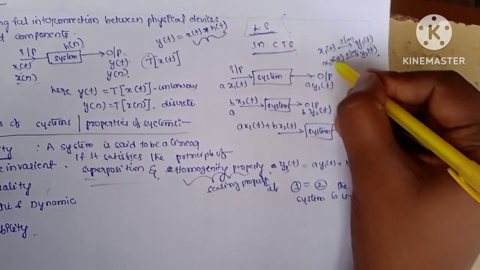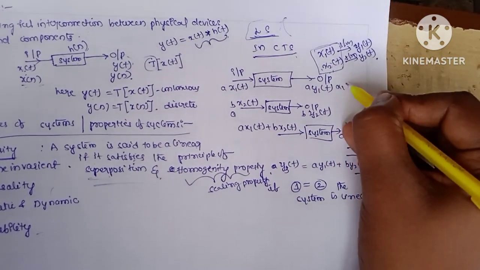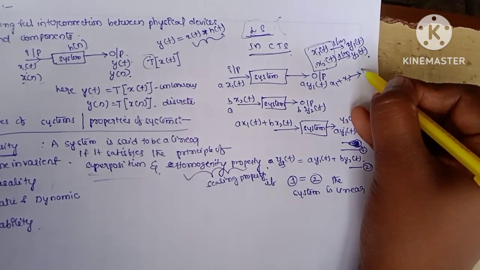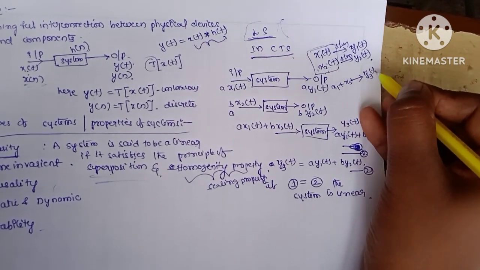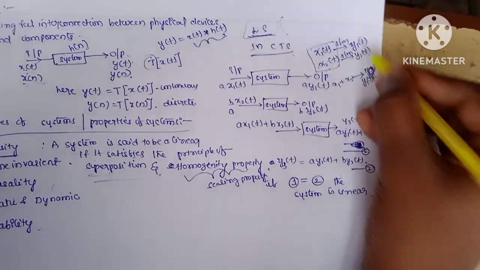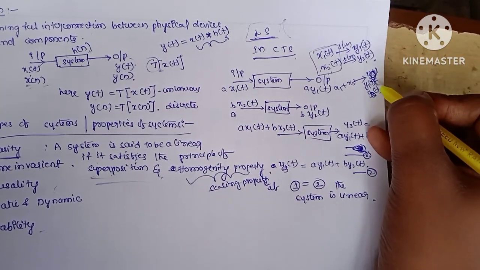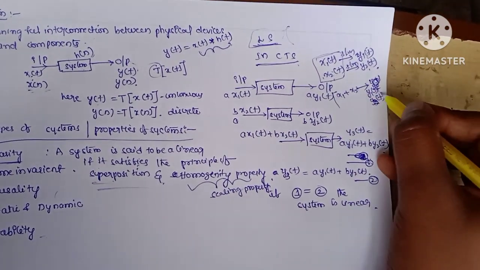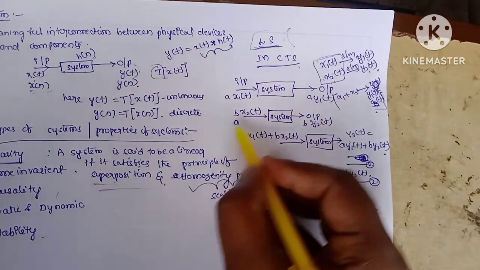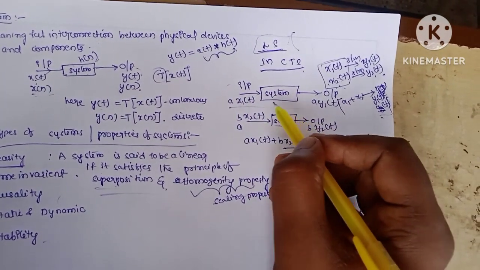So if we add these two, x1 of t and x2 of t, and pass them through the system, we will get the sum of the two outputs, y1 of t plus y2 of t. If this happens and it also follows the scaling property, then I am done with the scaling and superposition principle.